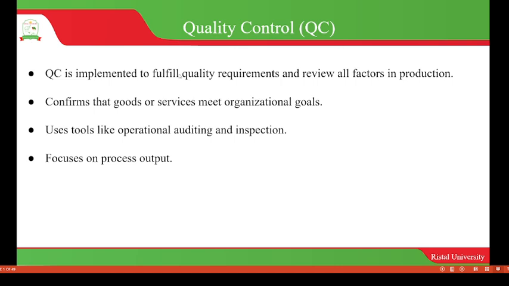And once the quality requirements are being fulfilled, that means a food business or a company or a food industry or an organization will be sure that the goods or services that it is rendering to customers or consumers are the ones which meet the goals and objectives of the company or the industry or the organization.